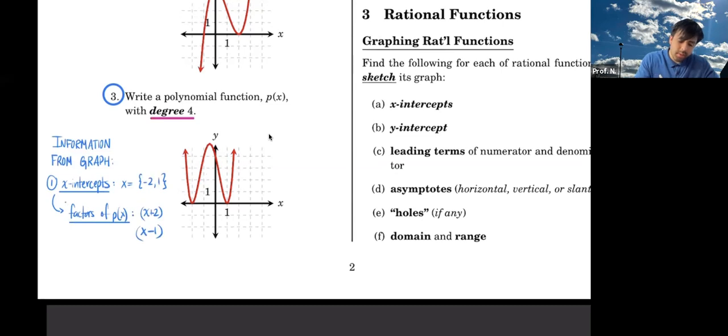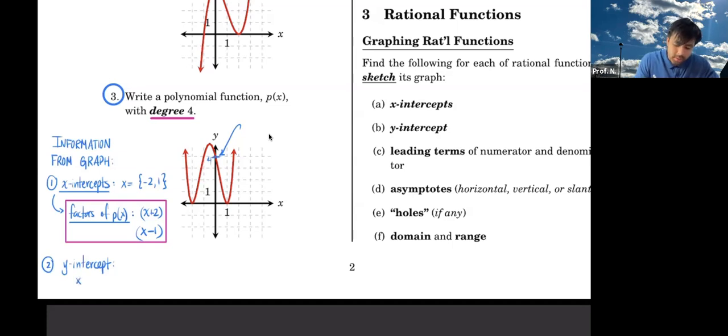So that's the first thing we need, the factors of p of x. The factors of p of x come from the graph itself. The second piece of information that I can figure out is the y-intercept. The y-intercept is when it crosses the y-axis, of course, and it crosses it at 4.